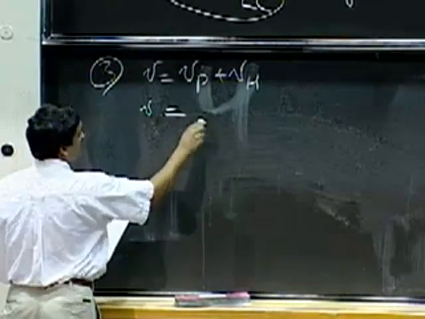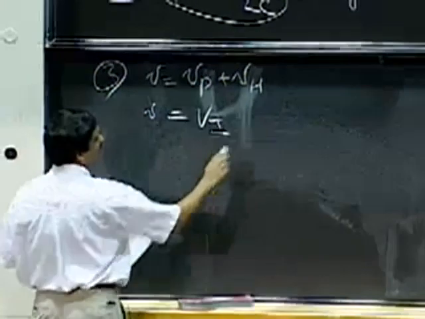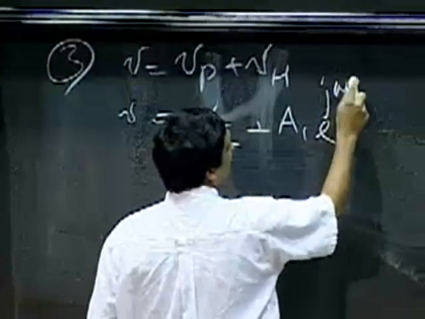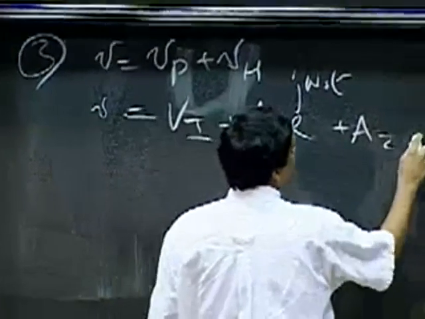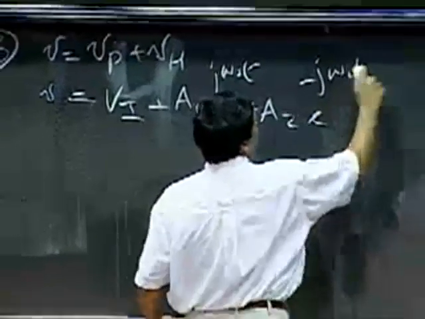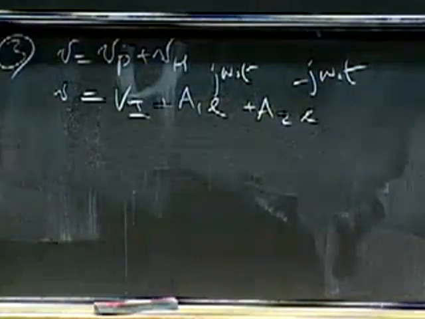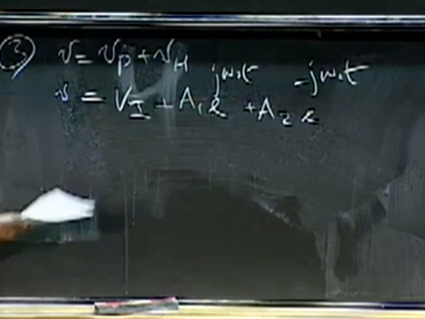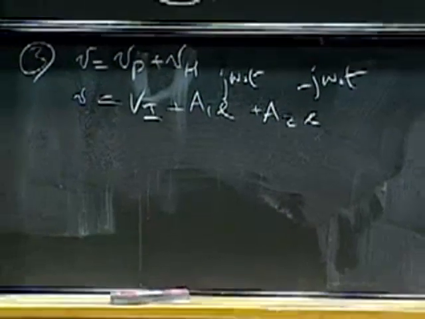VI was my particular solution, and A1 e to the j omega naught t plus A2 e to the minus j omega naught t is my complete solution. So the final step: write down the total solution and find the constants from the initial conditions.